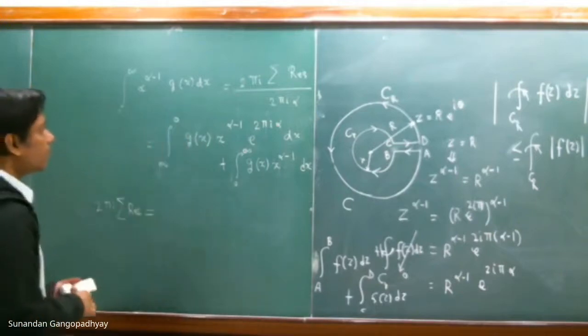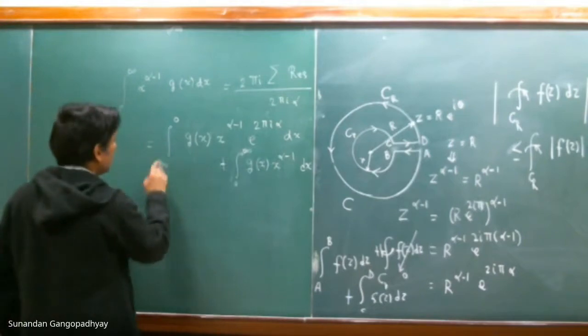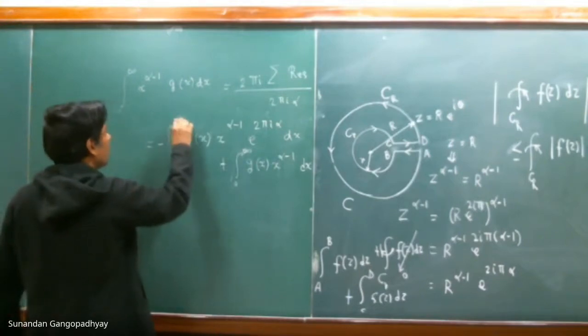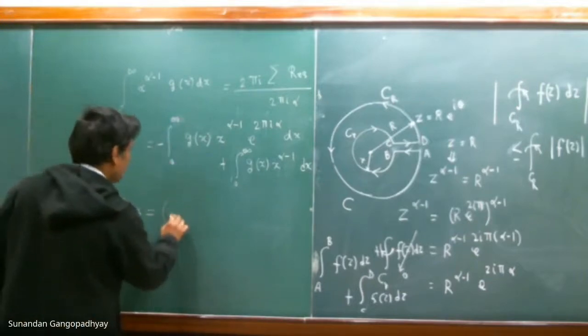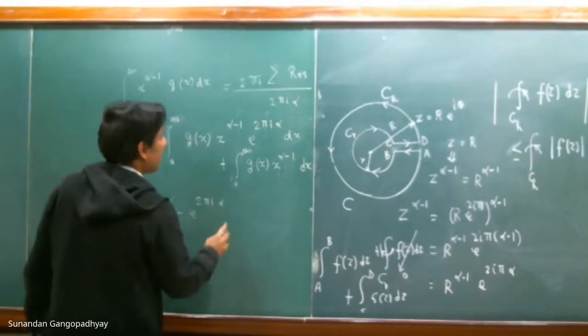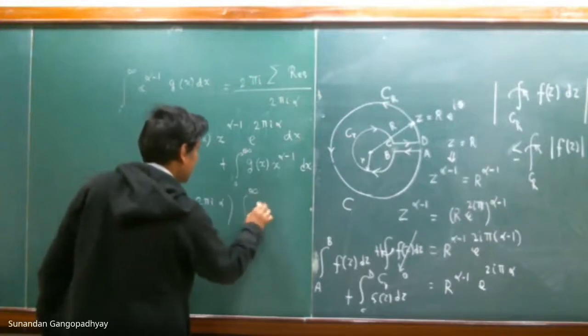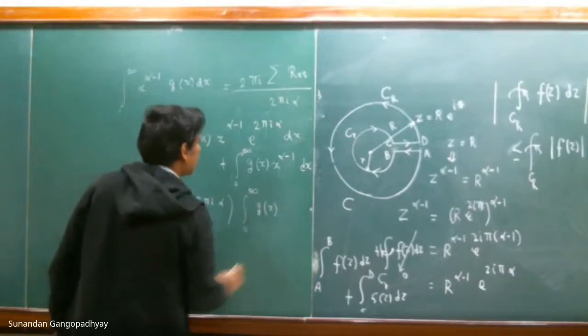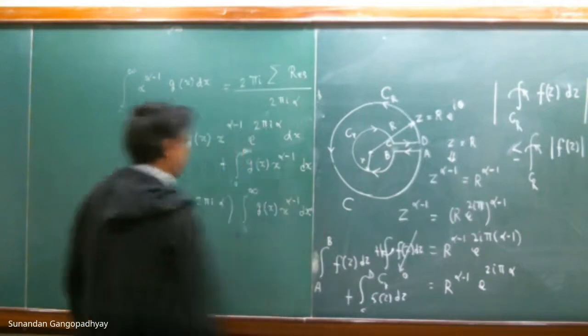You can take this factor outside, and you can just swap the limits at the cost of a minus sign. So we'll get this. And therefore what we have is 1 minus e to the power of 2 pi i alpha times the integral from 0 to infinity of g of x times x to the power of alpha minus 1 dx.